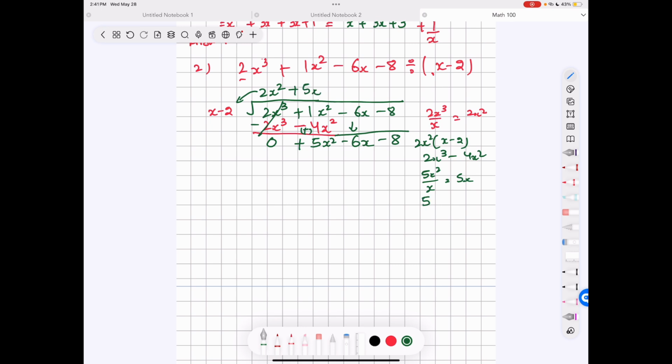We're gonna multiply it, x minus 2, we would get 5x squared minus 10x. We would write it here. We're gonna say it's plus 5x squared minus 10x.